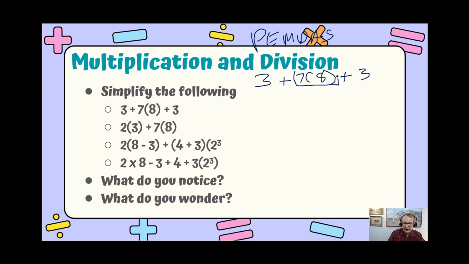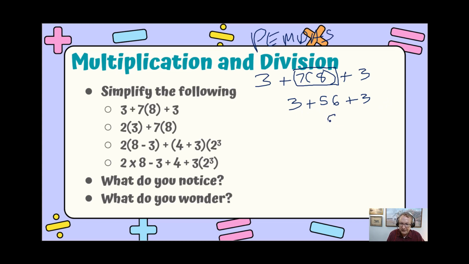I'm going to put a box around the multiplication to help me think about what I should be doing. 7 times 8 is 56. So I'm going to write down 3 plus 56 plus 3. I find if I do too much stuff in my head, I get confused. Writing it out keeps it on the paper instead of in your head.